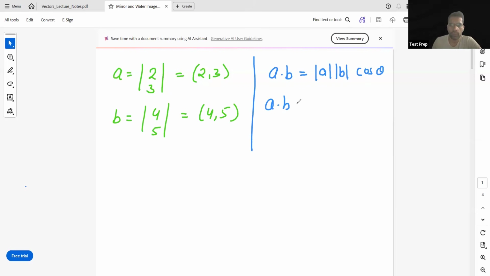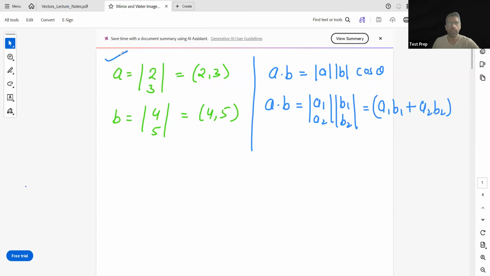And the second formula was A dot B, if given in the form A1, A2, B1, B2, equals A1 B1 plus A2 B2. This is our formula and this is our question. Clear? So we have to find the value of cos theta.